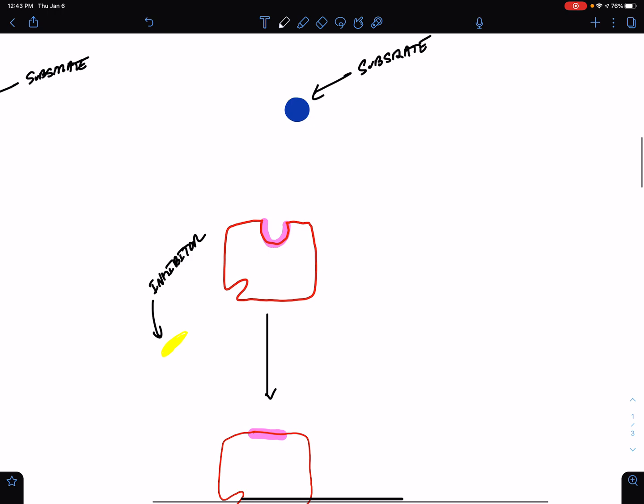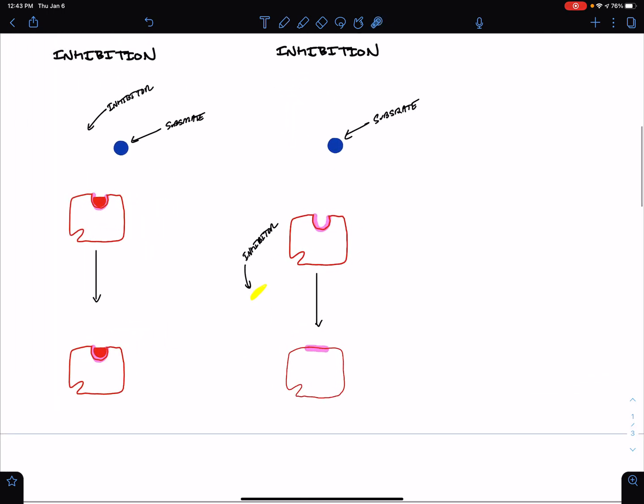And instead of binding to the enzyme at the active site, it binds at some off-site location, let's say down here on the enzyme. And what this causes is a change in shape of the enzyme.